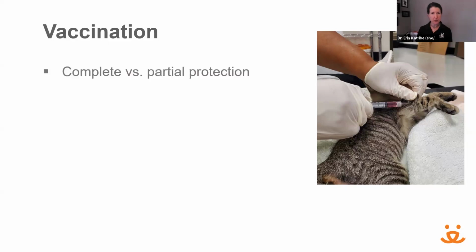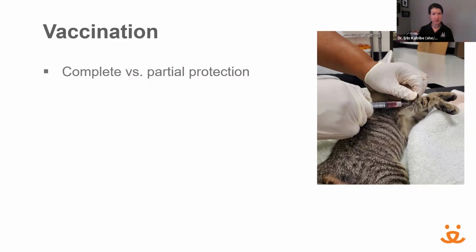When we talk about vaccines, it's important to understand some of the vaccines we have provide what's called complete protection, and some only provide partial protection. So, what that means for parvo, panleukopenia, distemper, if an animal is vaccinated appropriately and they have been given the chance to respond and their body does respond to that vaccine, if they are subsequently exposed to those diseases, they will not become infected.